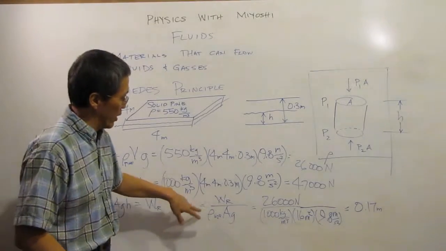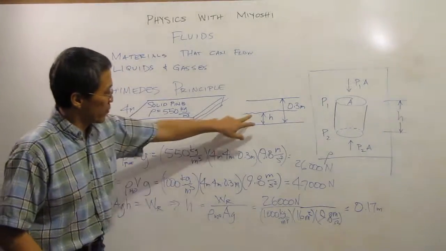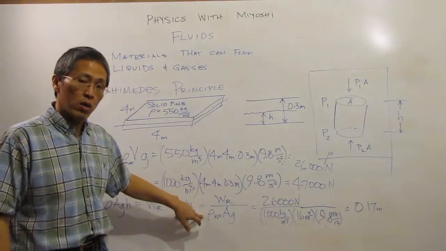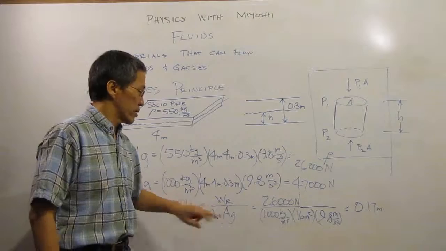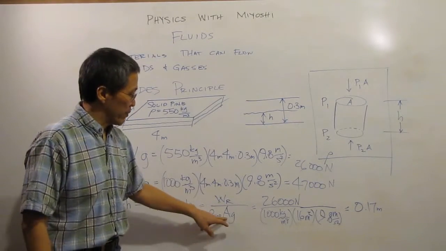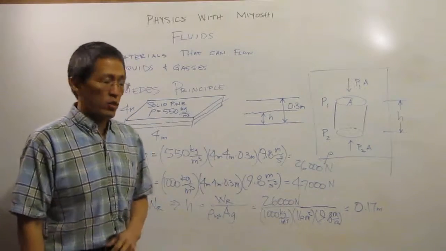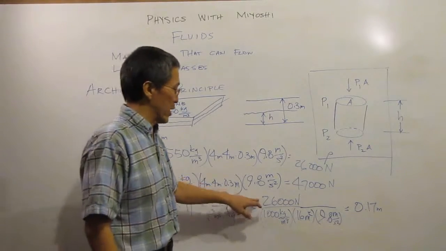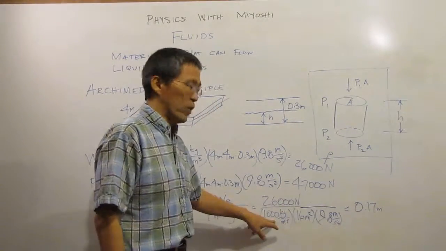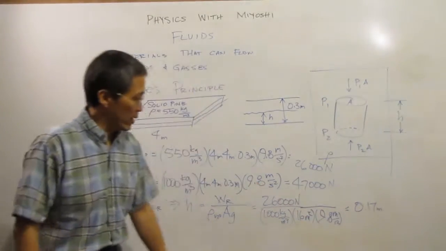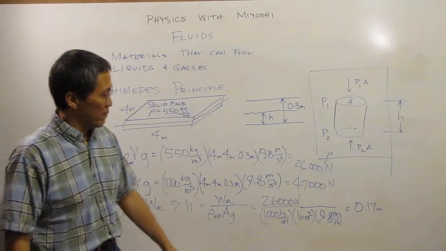When we rearrange the equation, we see that the h up here is our weight of the raft divided by the rho, or the density of our water, times the area of the raft, times the acceleration due to gravity. So we have 26,000 divided by the quantity 1,000 times 16 meters squared times 9.8 meters per second squared.